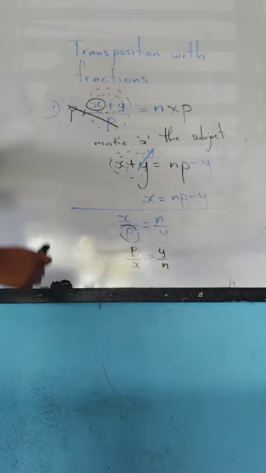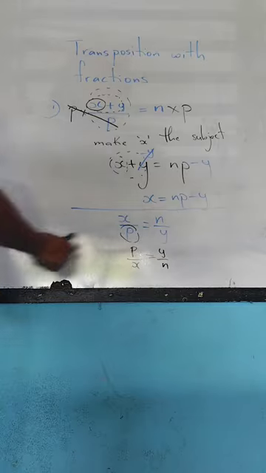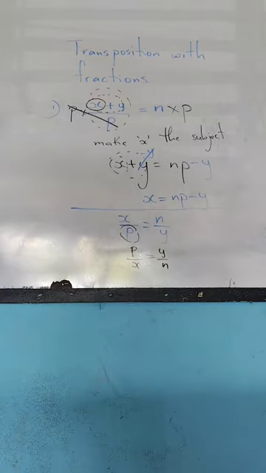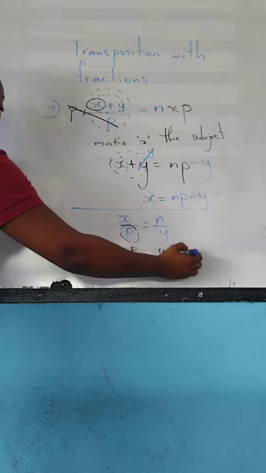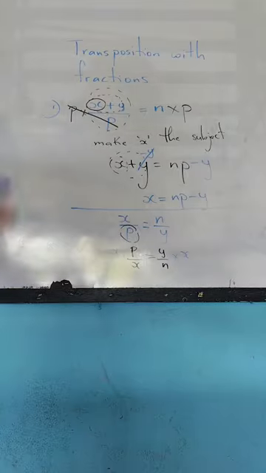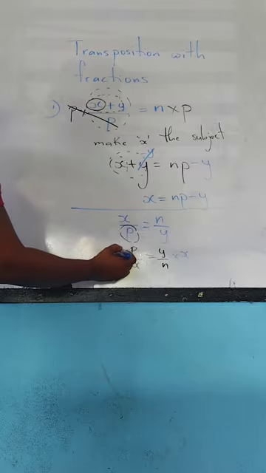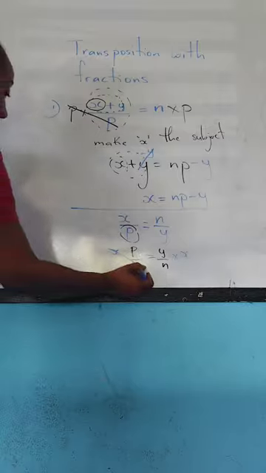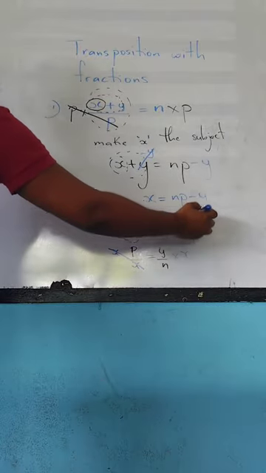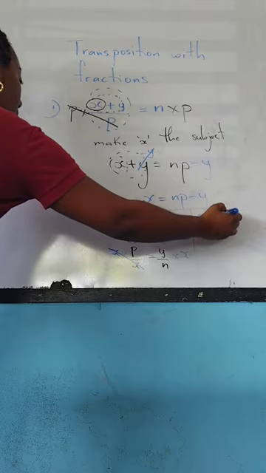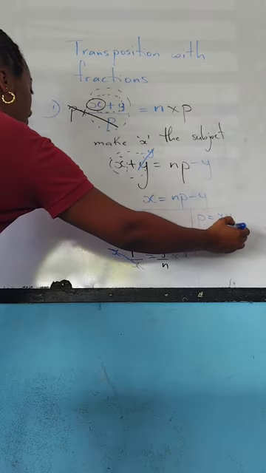So if I want to make p the subject, now that it's in the numerator, all I need to do is to get rid of the x. Since the x was doing division, I will multiply both sides by x. And notice I said both sides, people. Both sides by x, in order to cancel this x from here, which now leaves us with what? It now leaves us with a statement that says p is equal to xy over n.